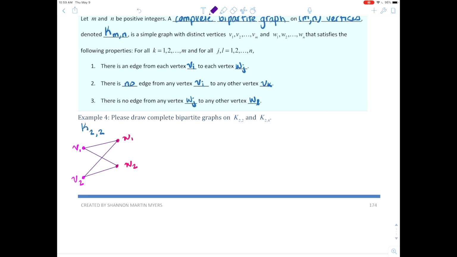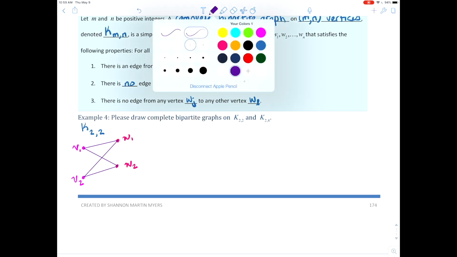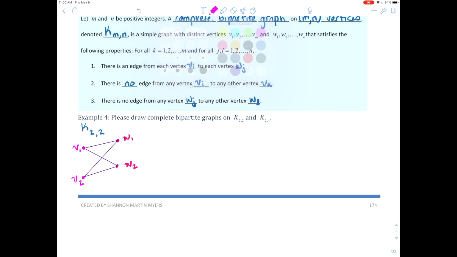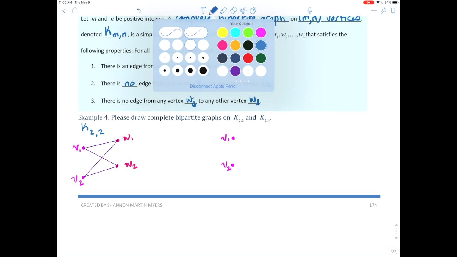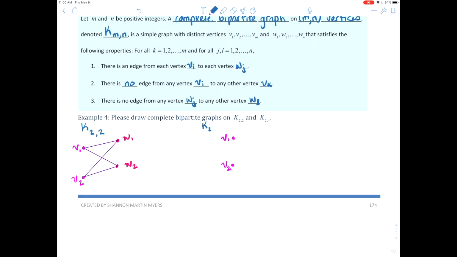All right, so why don't you try to do K2,4 and see how you do. Go ahead, pause the movie, and then you can work it with me to see how it went. All right, let's see how K2,4 went. So it'll look the same for the V vertices. We'll have V1 and V2. And I'm doing K2,4. And so now our W vertices, we have 4 now.